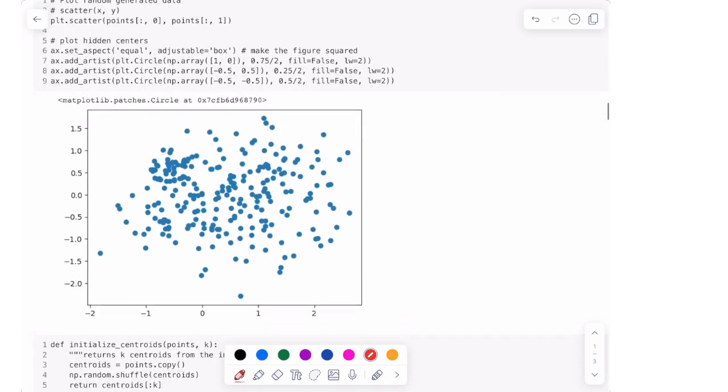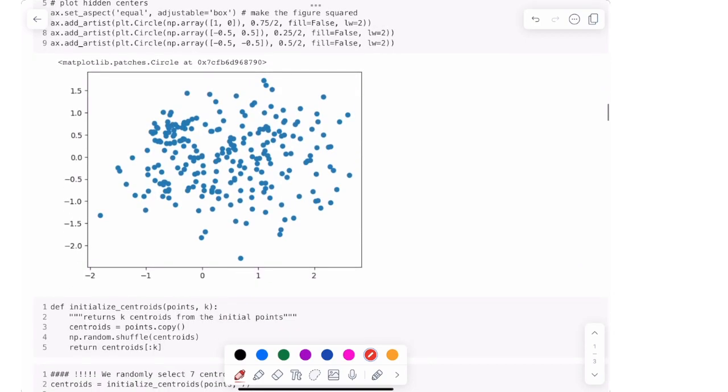Given a set of data points, so we have 2 features right here, k-means asks: can you divide those data points into k different clusters? We have an algorithm right here.